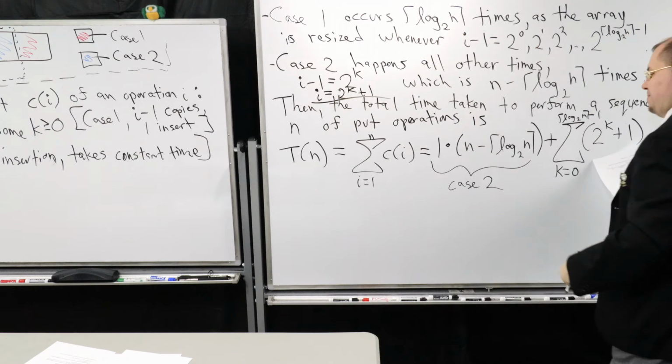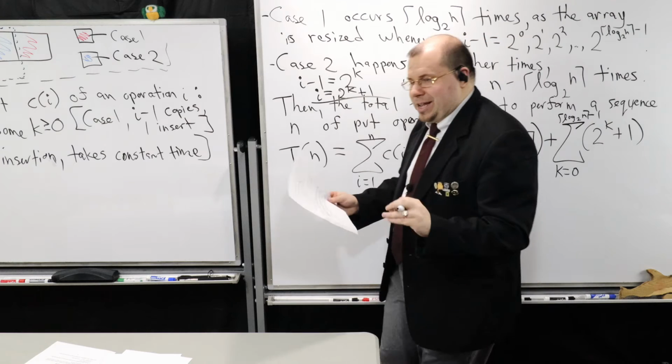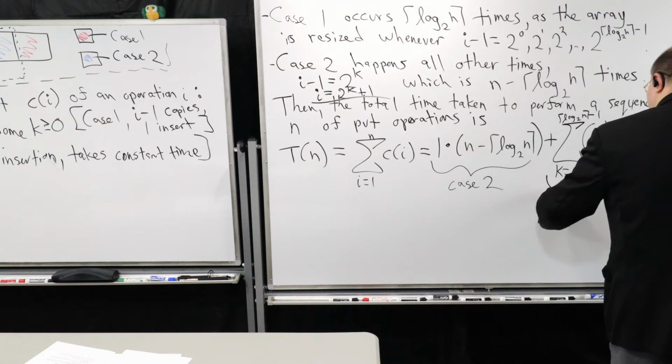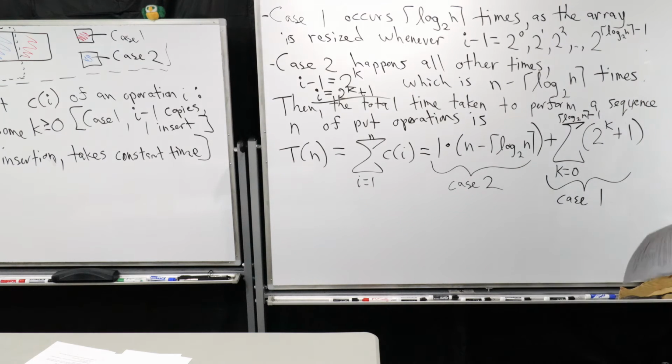That's where this comes from. So remember, all this is just me writing it in terms of operation i for case 1. So this right here is case 1, and this is all the cost of case 1.